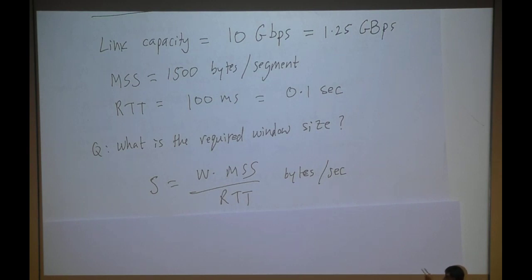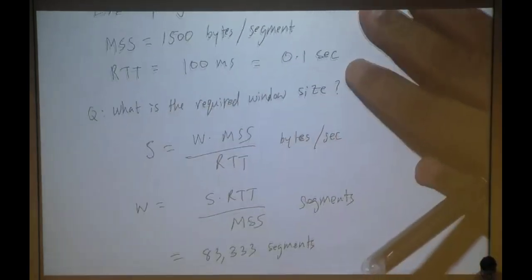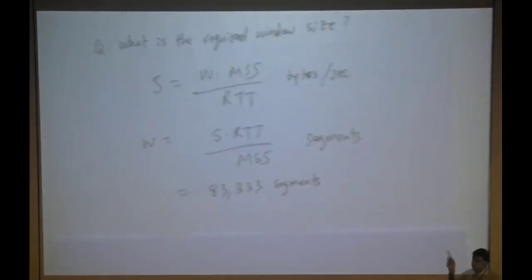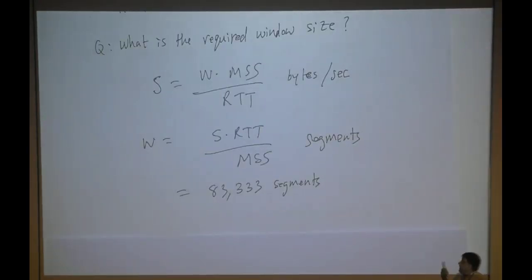What is the window size to make the sending rate match the link rate for me to fully utilize the link? This is just simple computation. You solve for W, plug in the numbers, and you get over 80,000 segments. That means I need a window size of 80,000 segments.